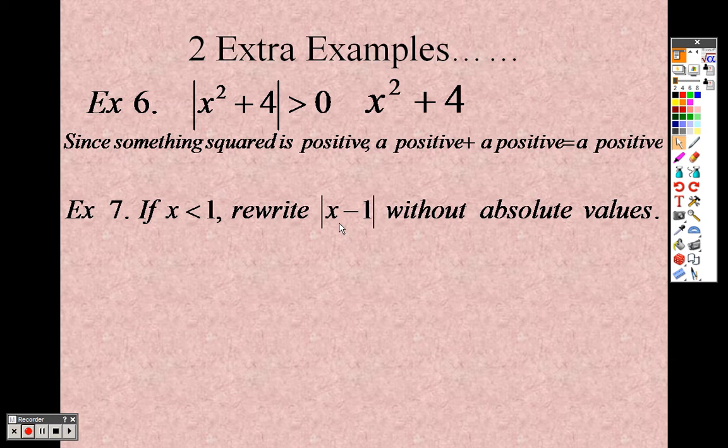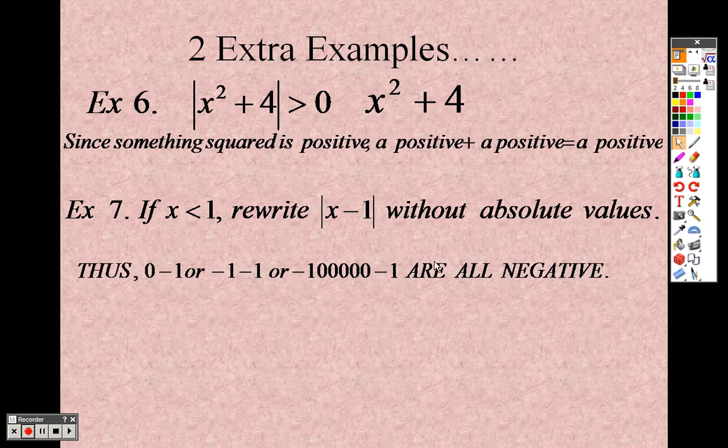If I plug in negative 100, the point that we're getting at is any number I plug in that fits into this little formula right here will always be negative. So like I said here, 0 minus 1, if I plug that in, that'll be negative 1. If I plugged in a negative 1, if I plugged in a negative 100,000, all of them are going to be negative.